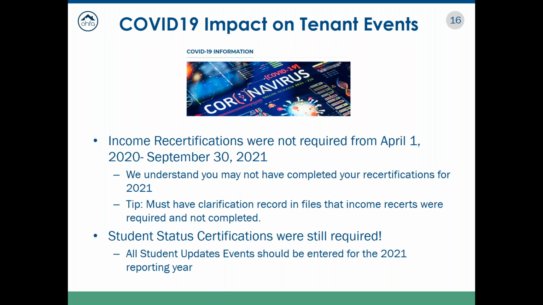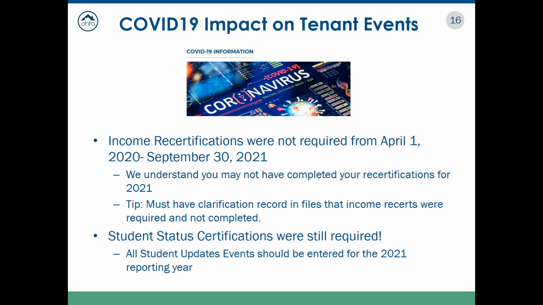Next, let's talk about COVID impact, because as you know, the recertification waiver was still going on in the 2021 year. So you were not required to do income recertifications between April 1st of 2020 through September 30th of 2021. So we understand that you may not have completed all your research, but you are required to put clarification records in the files that income recertifications were not completed.